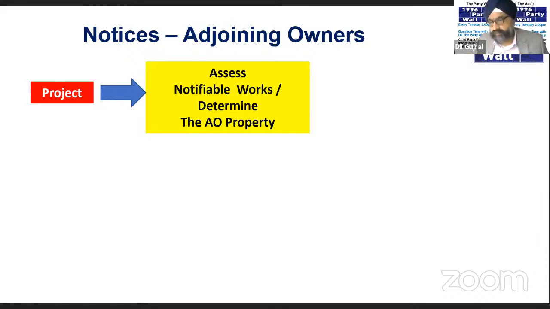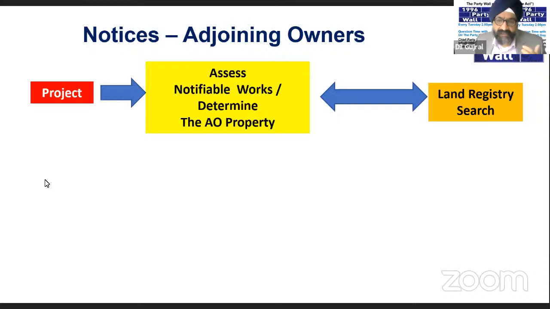Now, the sharp amongst you will say, well, it's the adjoining owners you notify, not the property. Yes, that's correct. Here's a bit of back and forth, and I sat there and thought about this, and said, we're not actually explaining this correctly. There's an iterative process. You find the property, you do the land registry search. Depending on what comes back from the land registry search, that determines who are the owners that are notifiable.